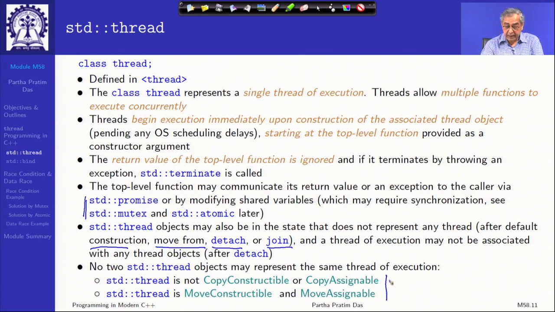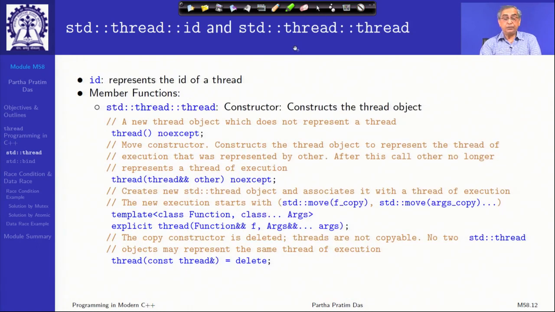And interestingly, thread objects are not copyable, they cannot be copy constructed or assigned, but they are movable. So, if you look at the basic structure of the thread class, you will see that there is a default constructor, there is a move constructor because it is move constructible.